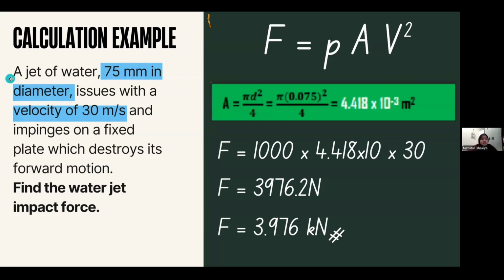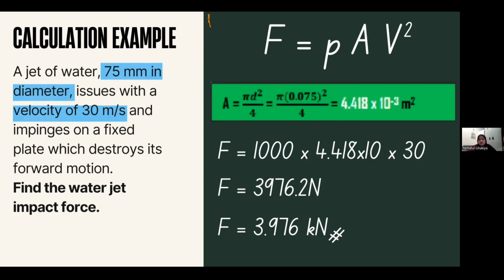So the question is, a jet of water 75 millimeter in diameter issues with a velocity of 30 meter per second and impinges on a fixed plate which destroys its forward motion. Find the water jet impact force. So area is pi times diameter squared over 4. Then we're going to use this formula.